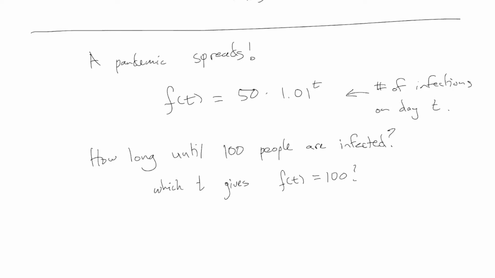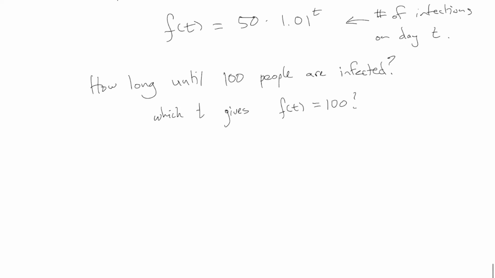It's not plug in 100 for t, it's actually set the function equal to 100 and then solve for t, all right? So that means we need to do 50 times 1.01 to the power t equals 100, and then solve for t. That's what I'm talking about here.